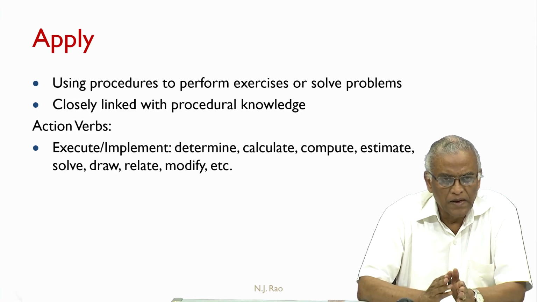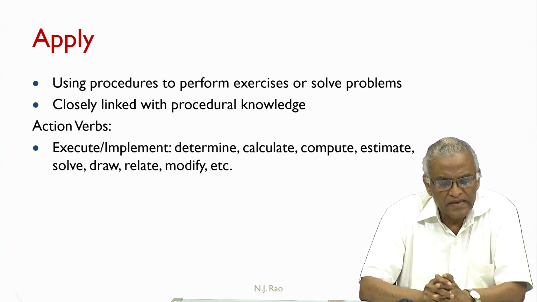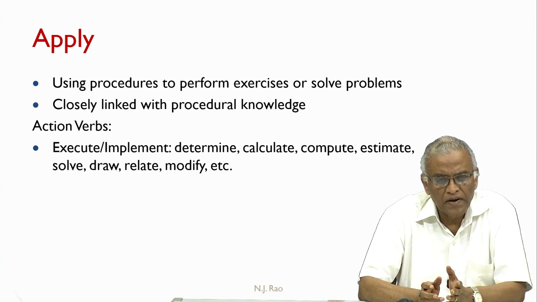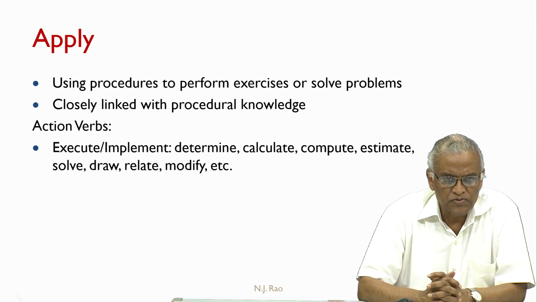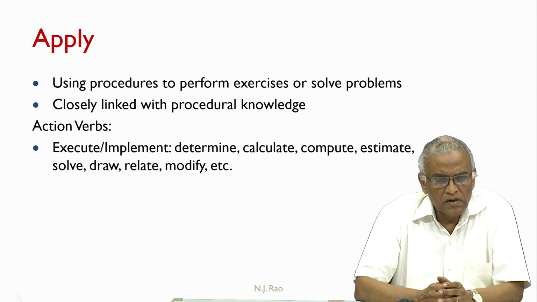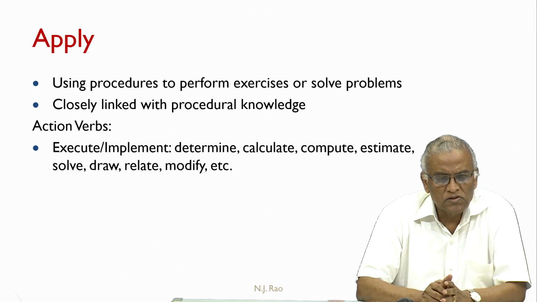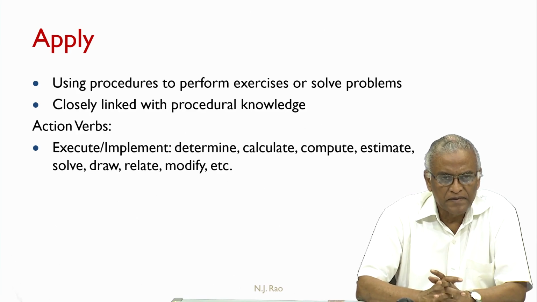But for both of them, the action verbs include determine, calculate, compute, estimate, solve, draw, relate, modify, etc. There can be many more action verbs proposed. And if you look at this word, the action verb draw also appears both in remember as well as understand.